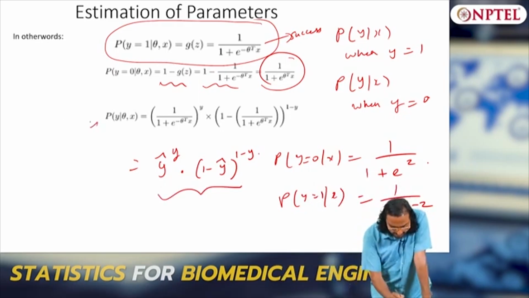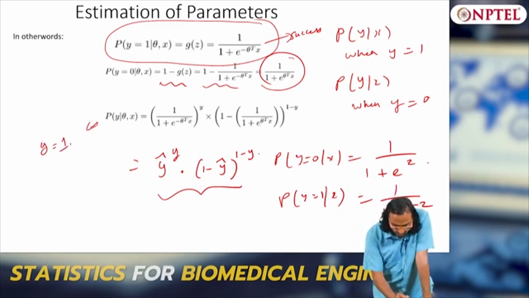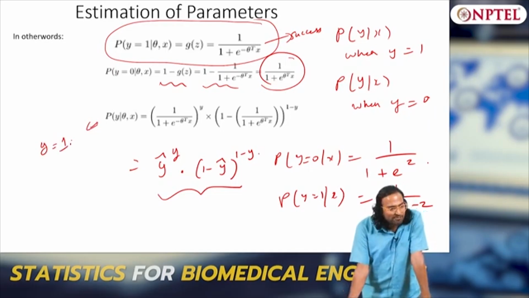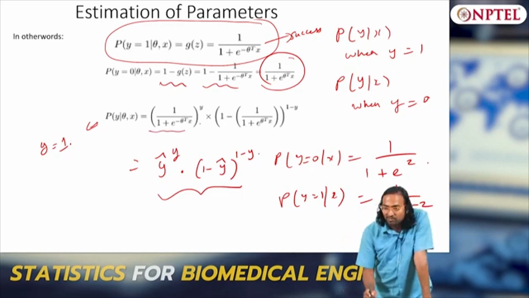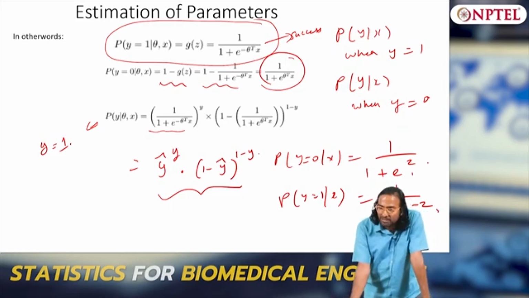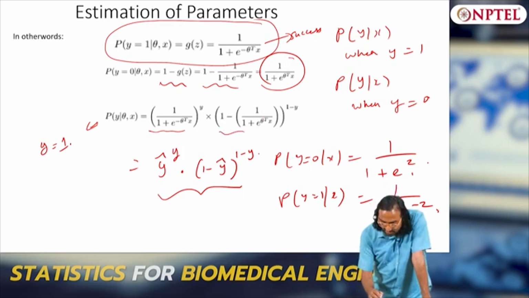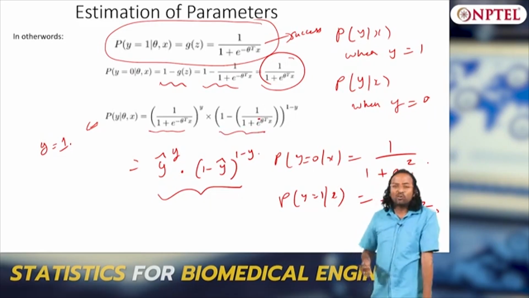Suppose in this function y equals 1, which function becomes active? The first function becomes active. That is what you want when y equals 1. When y equals 0, which function becomes active? This part, which is what you want when y equals 0.